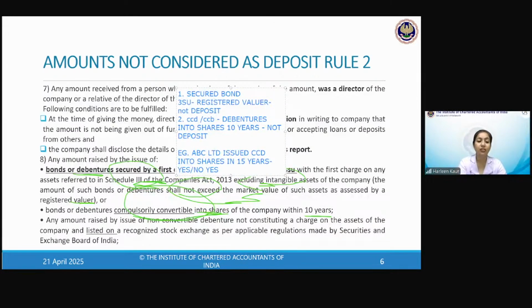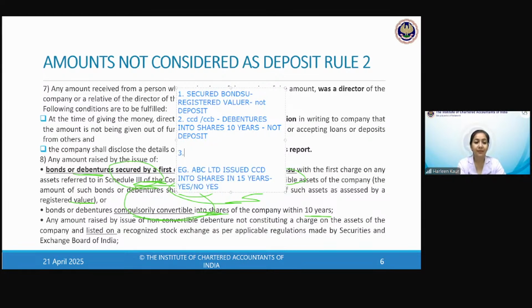And the third condition is very, very interesting. What is the third condition? The third condition is amount raised by non-convertible debentures, non-secured debentures or bonds.